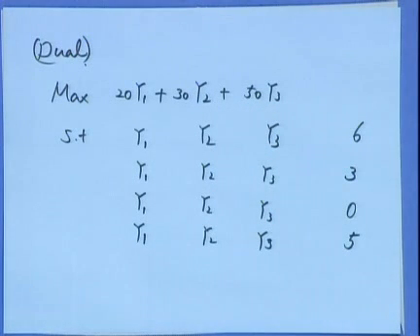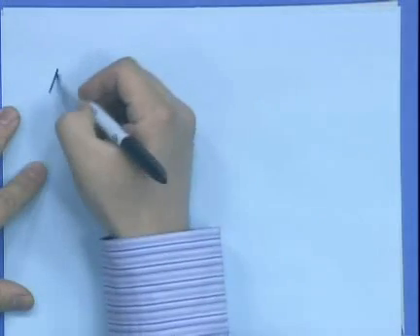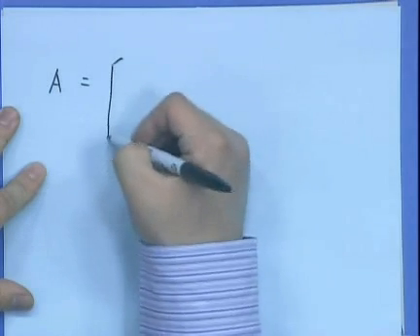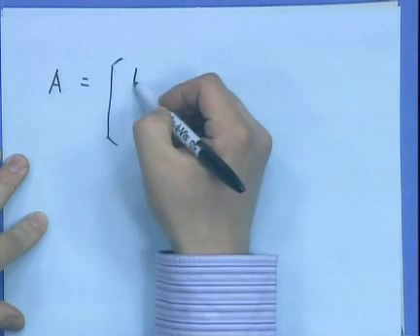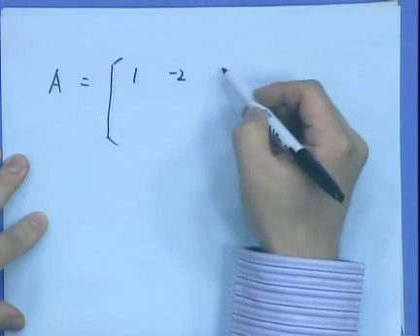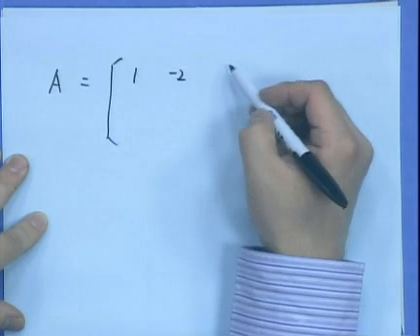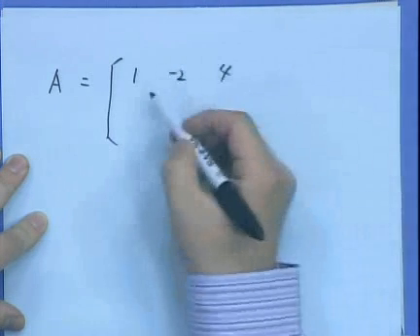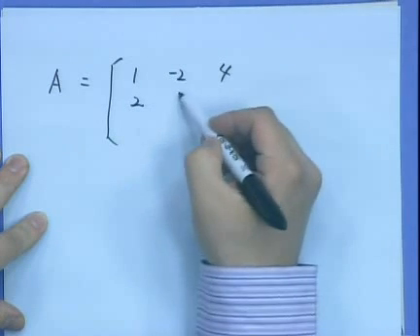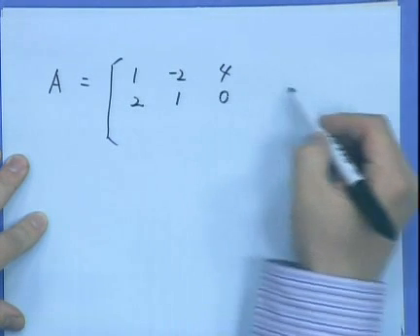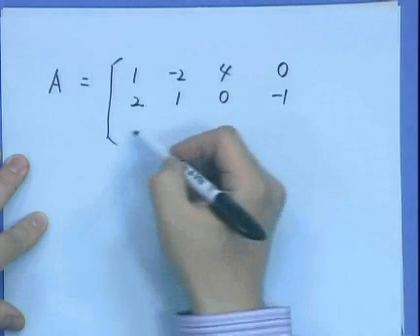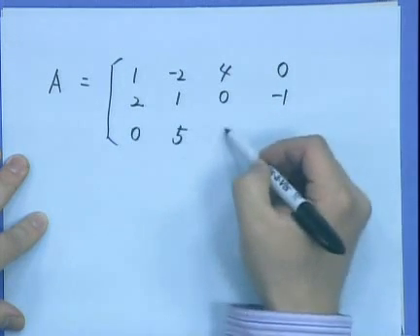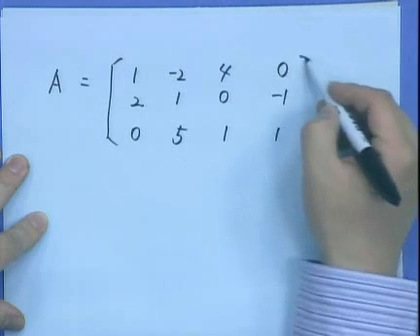And in the primal problem, the A matrix of constraint coefficients is 1, negative 2, and 4, 2, 1, 0, negative 1, and this we have 0 up here, 0, 5, 1, 1, right?